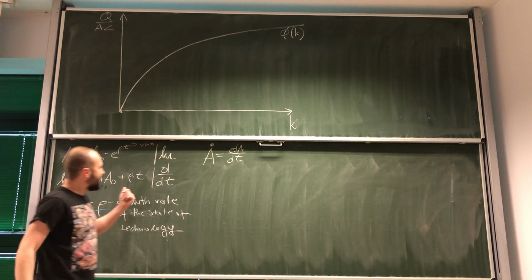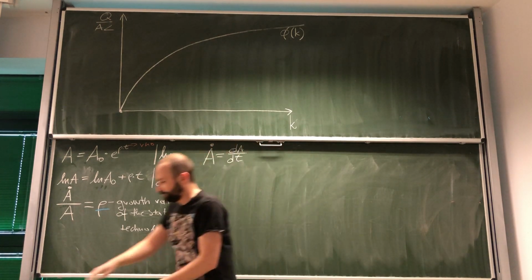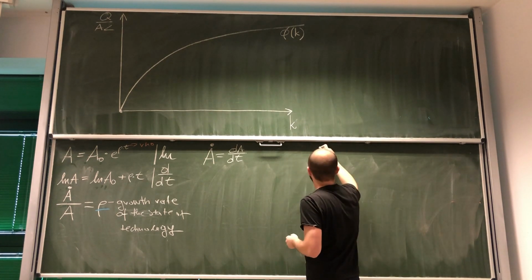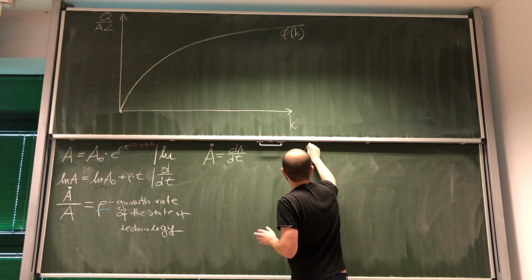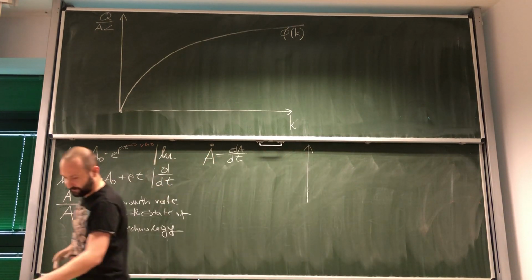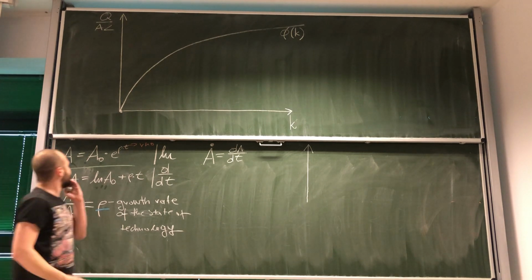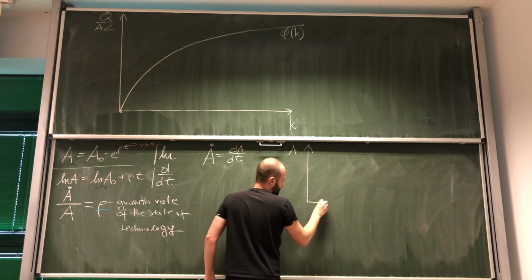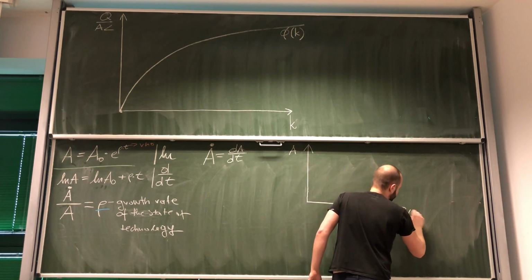Okay, so now let's try to put this on the graph. How would we start? Let's start with this function. Here on one axis, I'm going to have A, and on the horizontal axis, I'm going to have time.